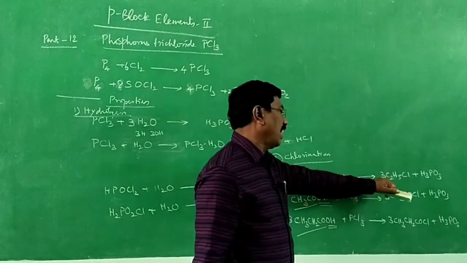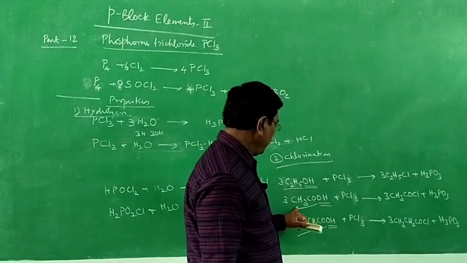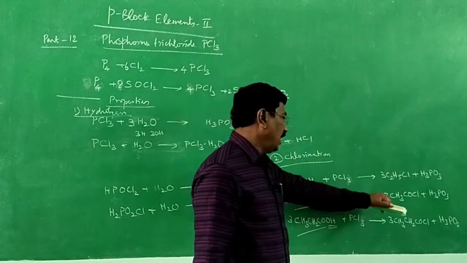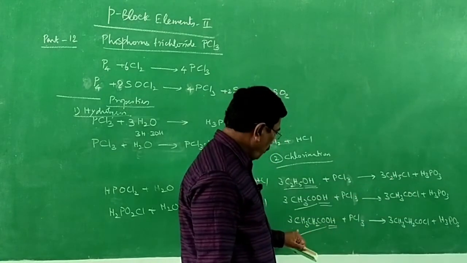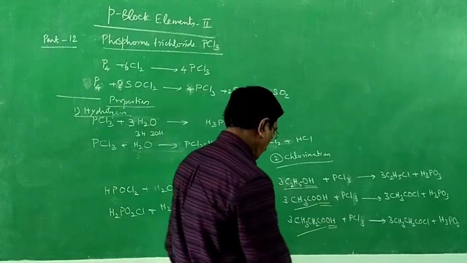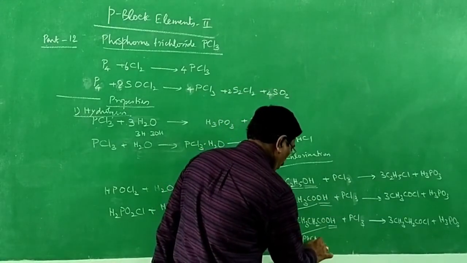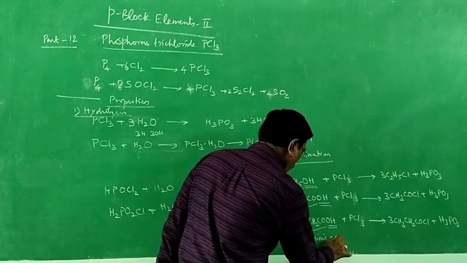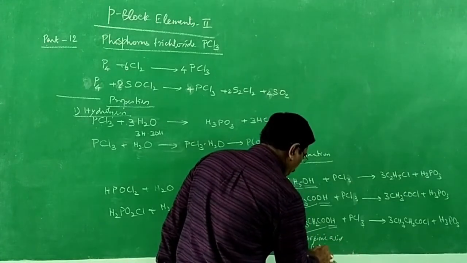Ethyl alcohol, ethyl chloride. Ethanol, chloroethane. Acetic acid or ethanoic acid, acetyl chloride or ethanoyl chloride. Propionic acid, propionyl chloride. Or propanoic acid, propanoyl chloride. Propionic acid is the common name. Propanoic acid, the IUPAC name.